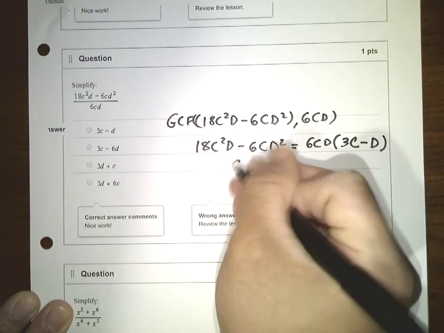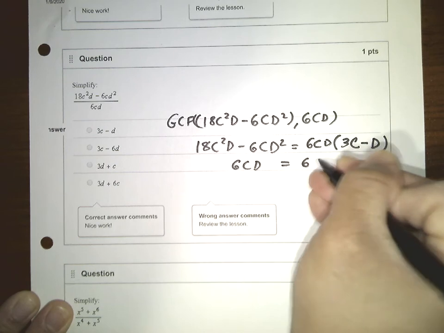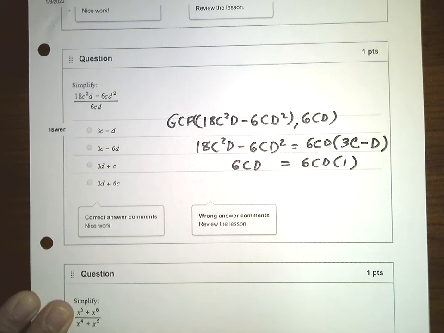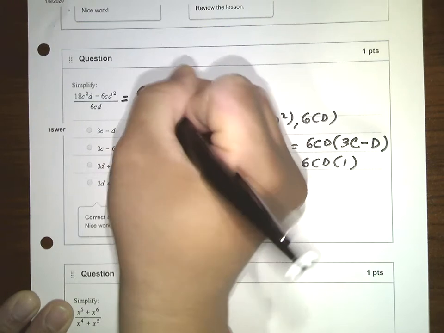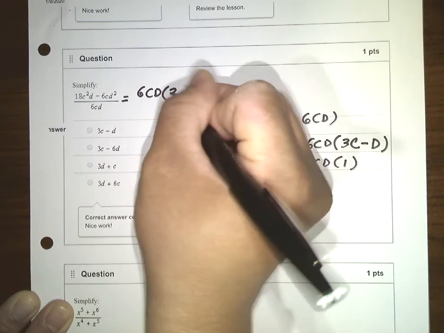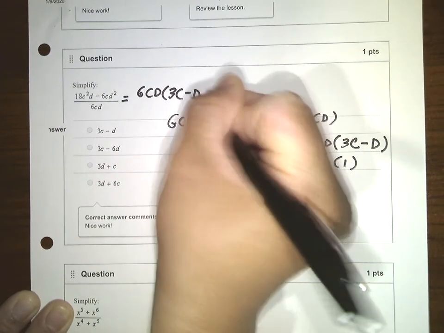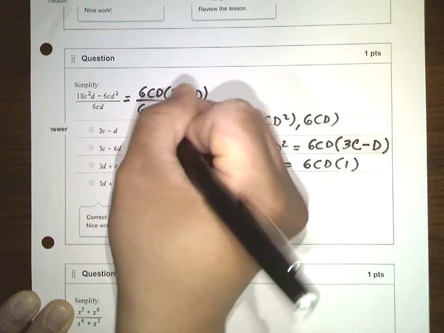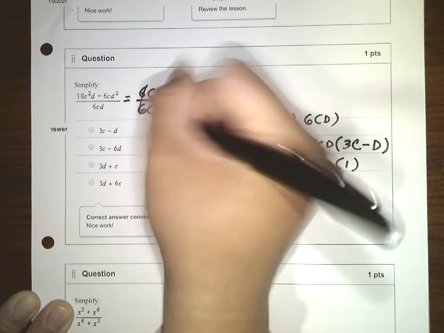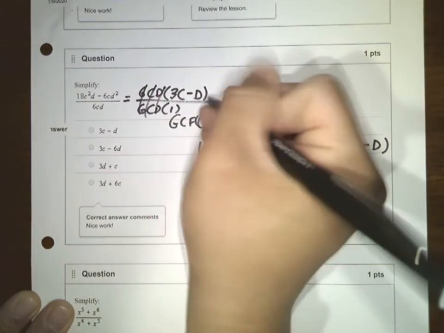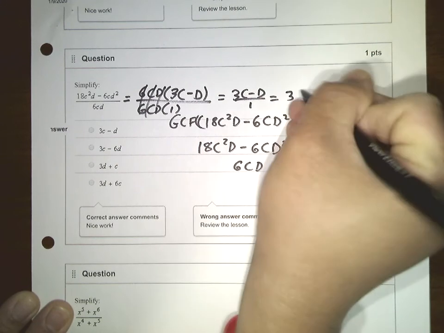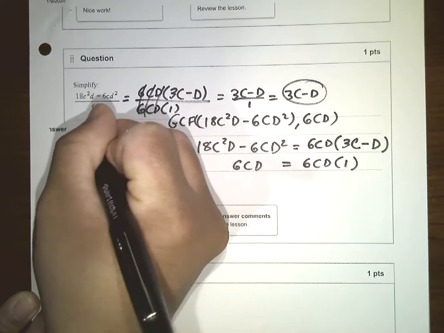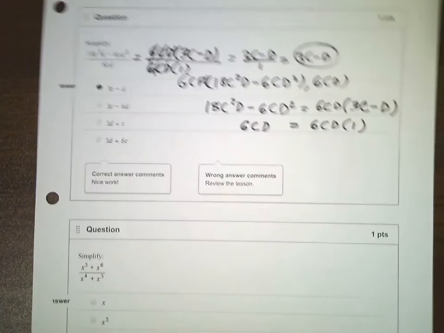And the denominator, 6cd, is 6cd times 1. So this ends up being the rational expression 6cd times 3c minus d over 6cd times 1. So 6cd divides out, and I have 3c minus d over 1, or just 3c minus d. There you go.